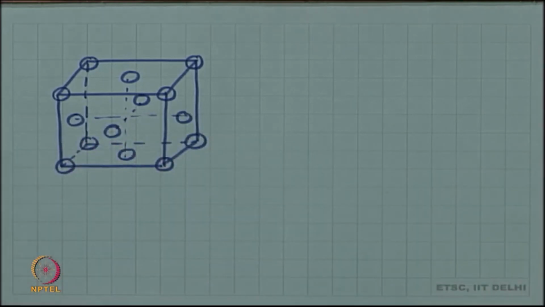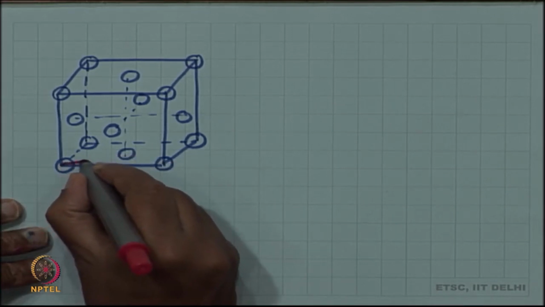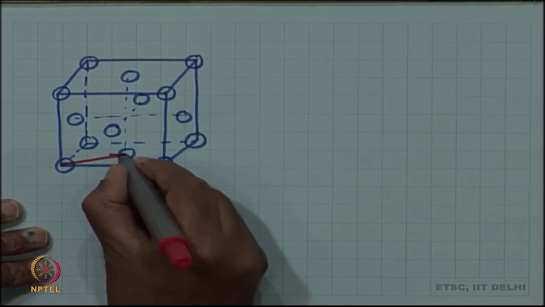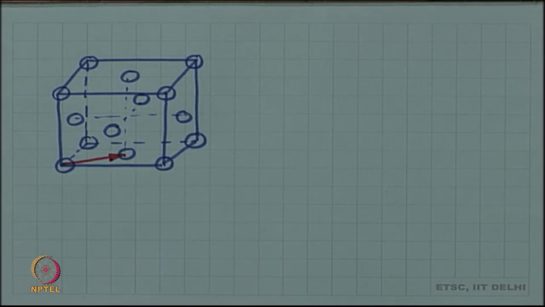Now, we have seen that in the face centered cubic material, the Burgers vector is half the face diagonal. So, the Burgers vector is a vector like this.